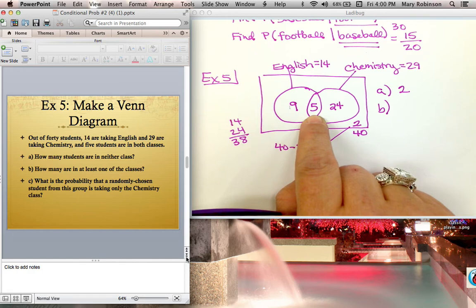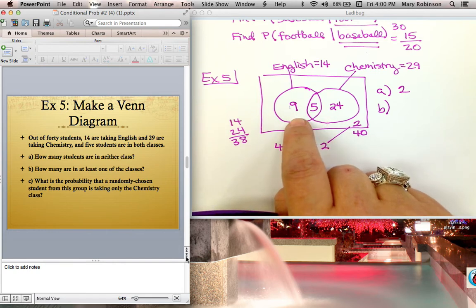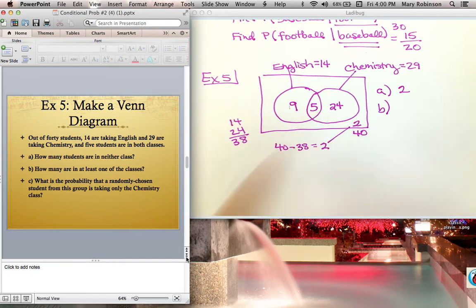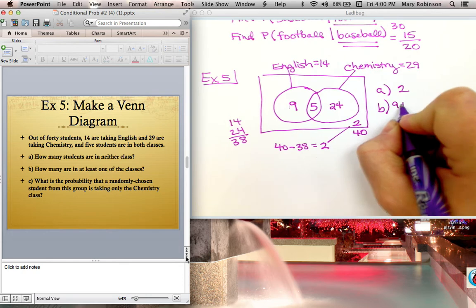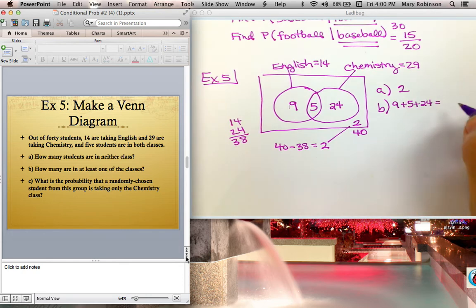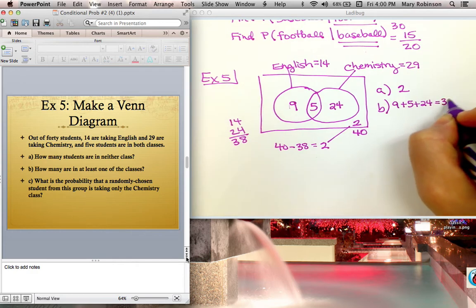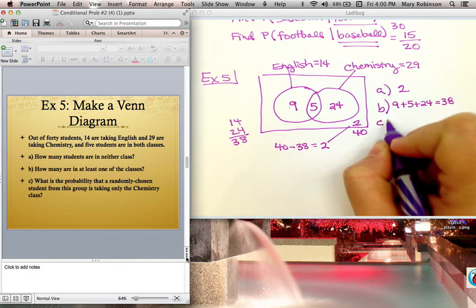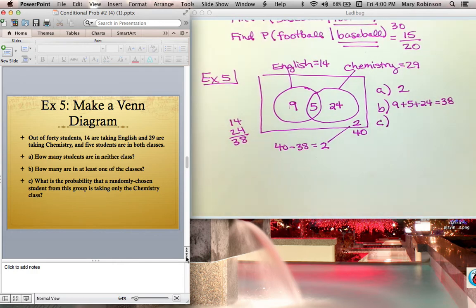So at least means one or more. So that means we do include the 9 and the 5 and the 24. And 9 plus 5 plus 24, we already found, was 38. C asks, what is the probability that a randomly chosen student from this group is taking only chemistry?